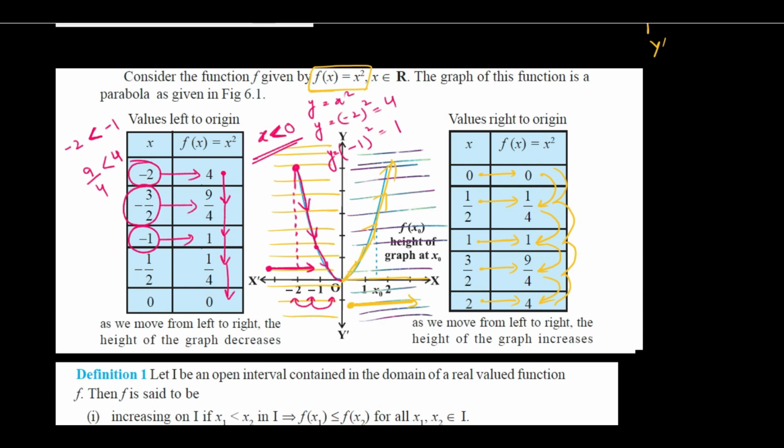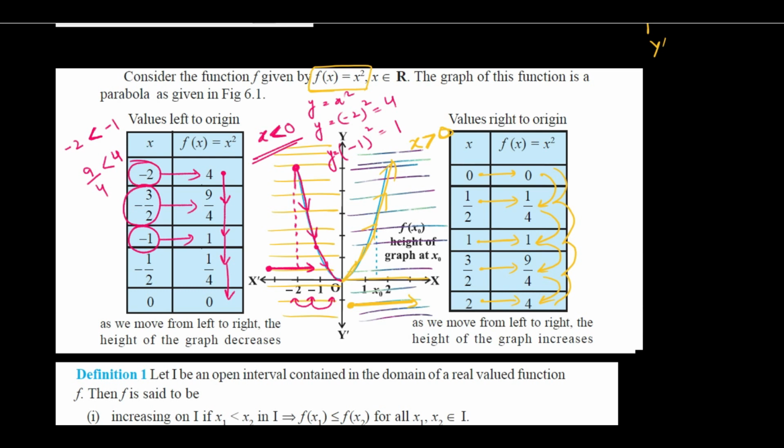By this graph we can say, as we move from left to right, the height of the graph increases continuously. So we can say the function is increasing for real numbers x greater than 0. For x greater than 0, this function is increasing.